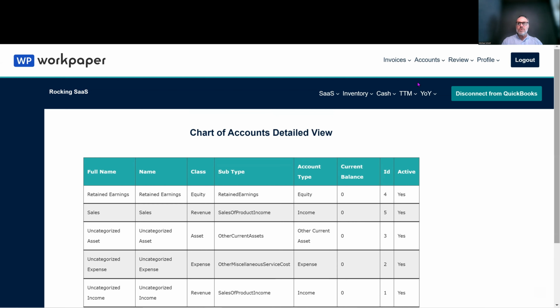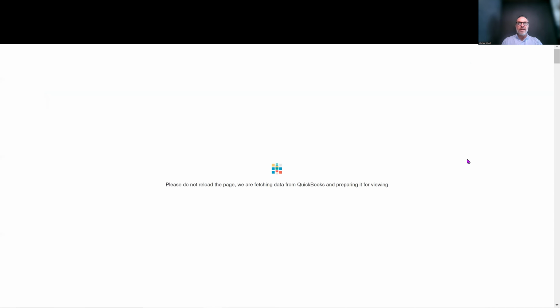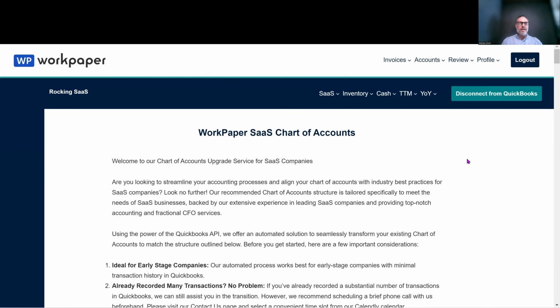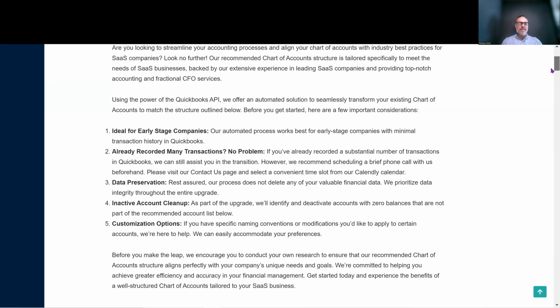And we'll show you how easy it is to adjust these. We're going to adjust these to a SaaS, or software as a service, chart of accounts. This chart of account structure that we're using for SaaS-specific organizations is, I think, generally accepted within the SaaS ecosystem as the gold standard chart of accounts for that industry.